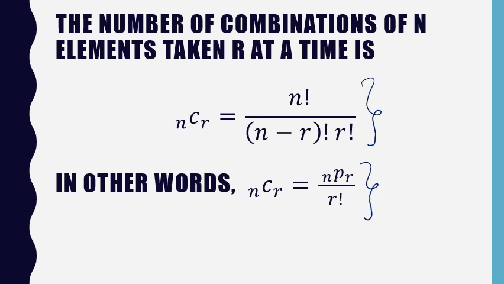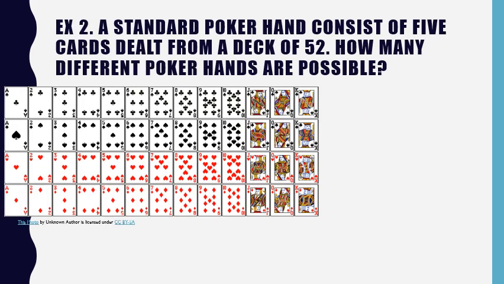And so the next example that we're going to do is, a standard poker hand consists of 5 cards dealt from a deck of 52. How many different poker hands are possible? So we have 52 cards and we are choosing 5 cards, and so this is what the standard deck of cards looks like.